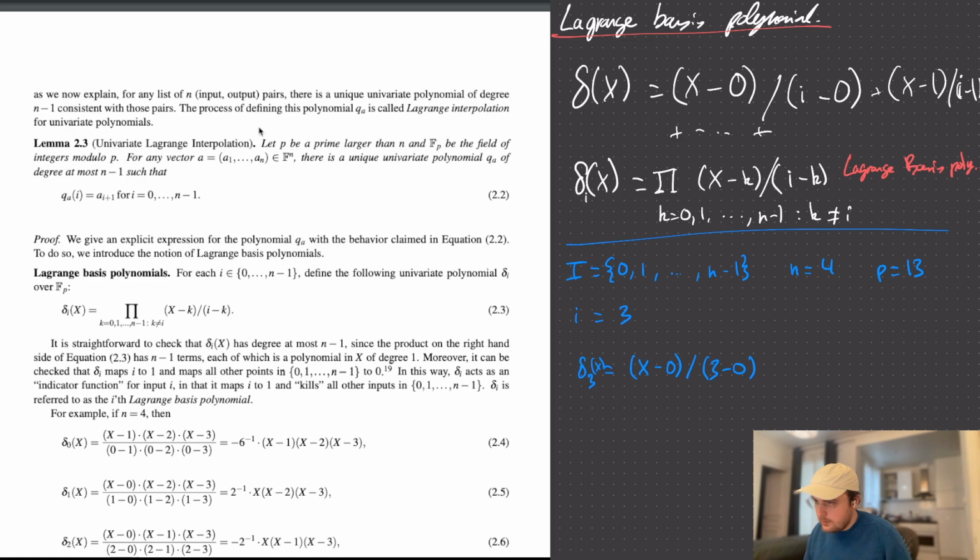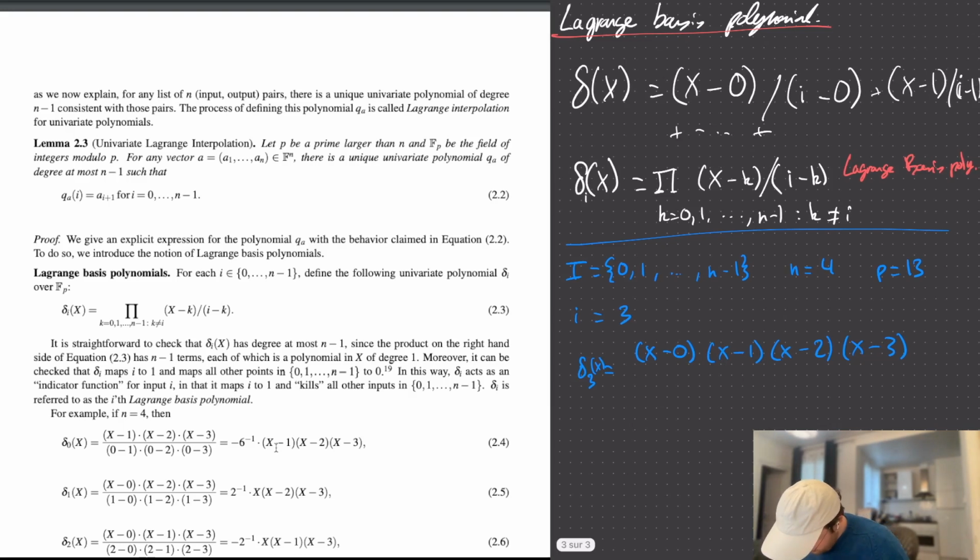Ah, yeah, you can just compact it, right? I'm just seeing this part now, and I think it makes more sense to write it that way. So I will do it that way. It will be like x minus 0, x minus 1, x minus 2, x minus 3, right? And then, because it's 4, k goes until n minus 1.